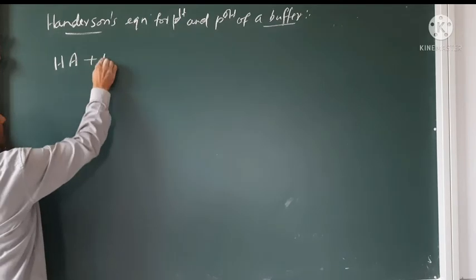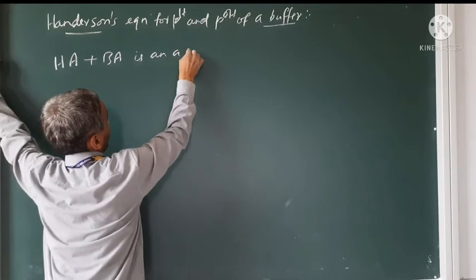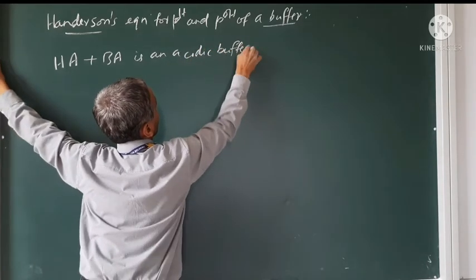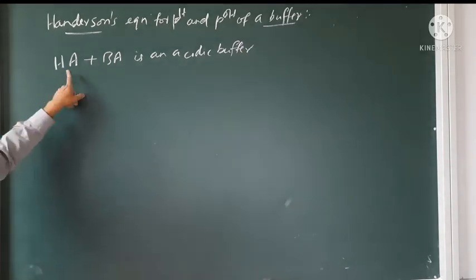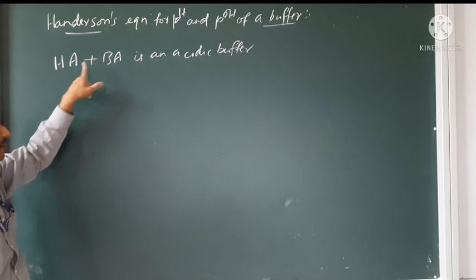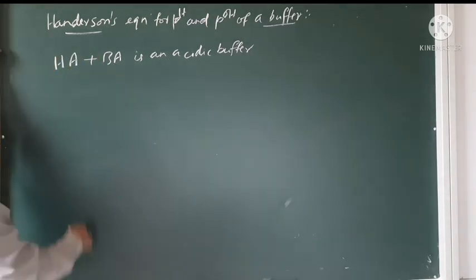HA and BA mixture is an acidic buffer, because I should have a weak acid and a strong salt with a common ion. HA is a weak acid, BA is a strong salt with a common ion.